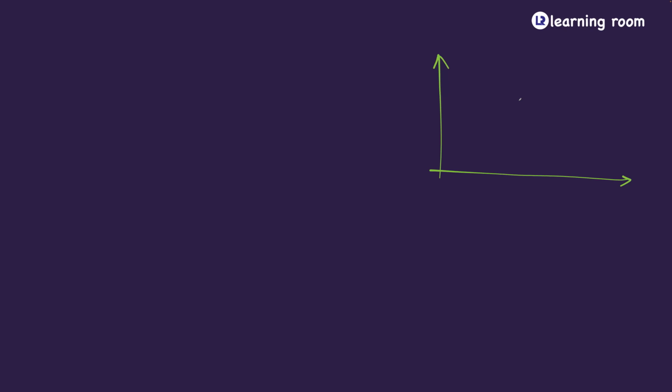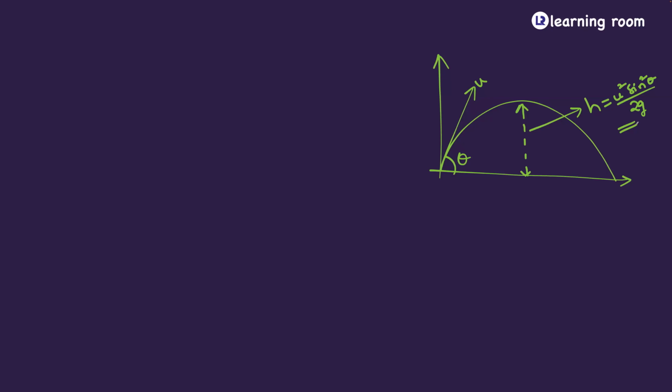Let's say it is projected with initial velocity of u, making an angle theta with respect to the horizontal, right? So it is going to reach a maximum height here, which is given by the expression u square sin square theta divided by 2g. So how did we derive this?